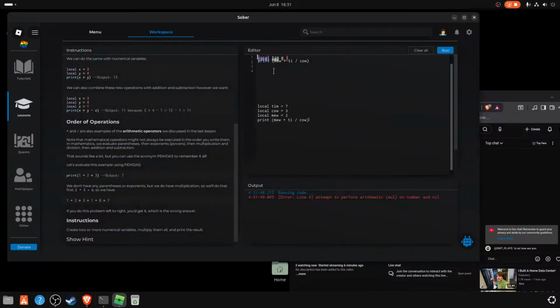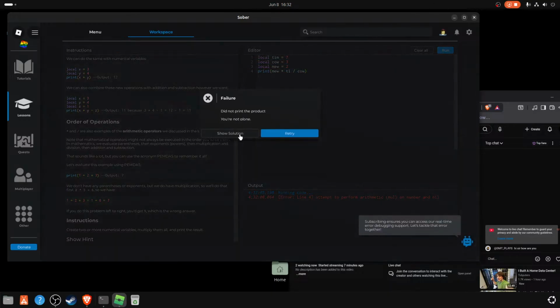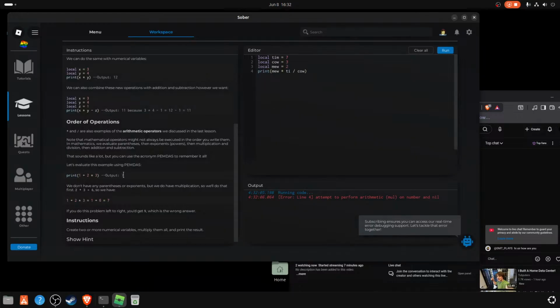Okay, here's the problem with what I did, I think. There was a space there and there shouldn't be. Okay, maybe not. Maybe it just doesn't want me to do a division thing.